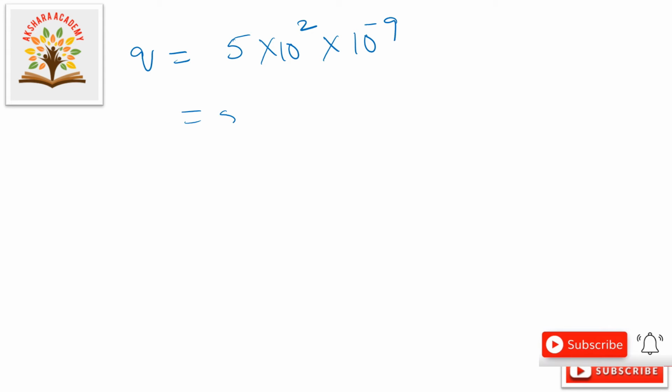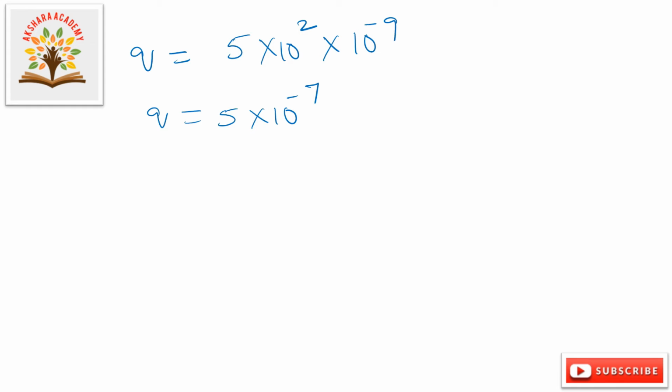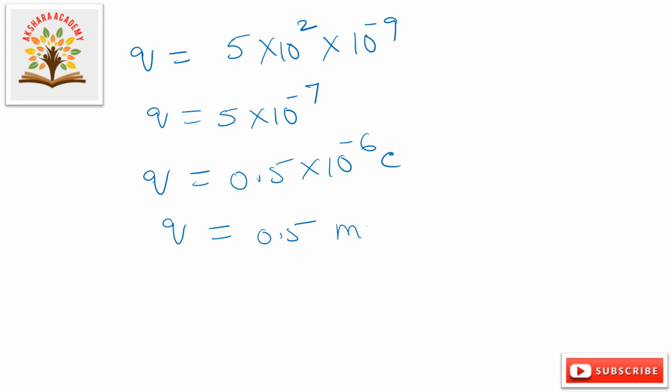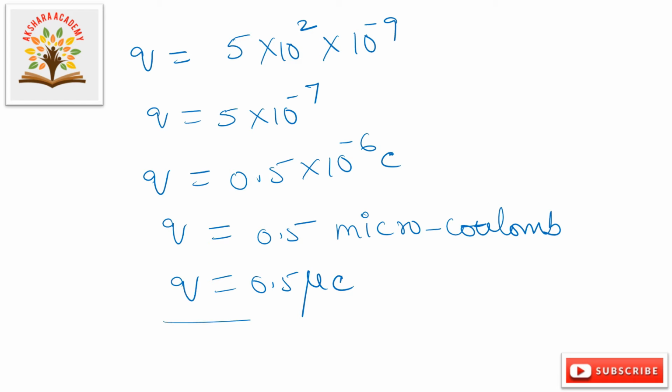So this is 5 into 10 to the power of minus 7 coulombs, or this can be written as 0.5 into 10 to the power of minus 6 coulombs, or 0.5 micro coulombs. Okay, this is the magnitude of charge. Next we'll go to the next question.